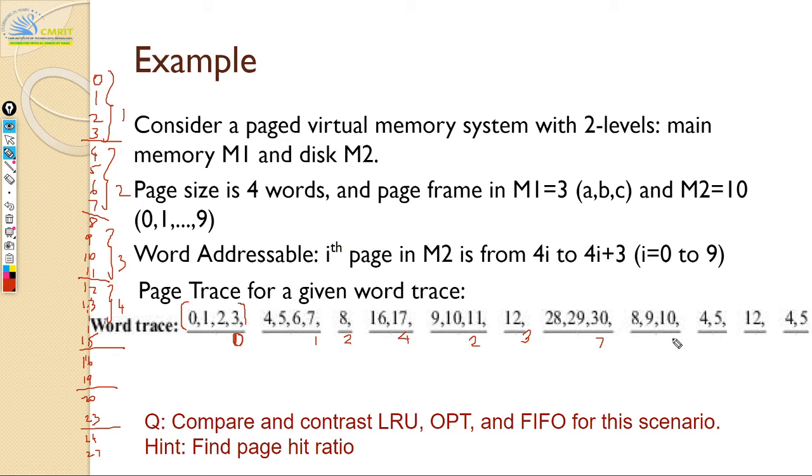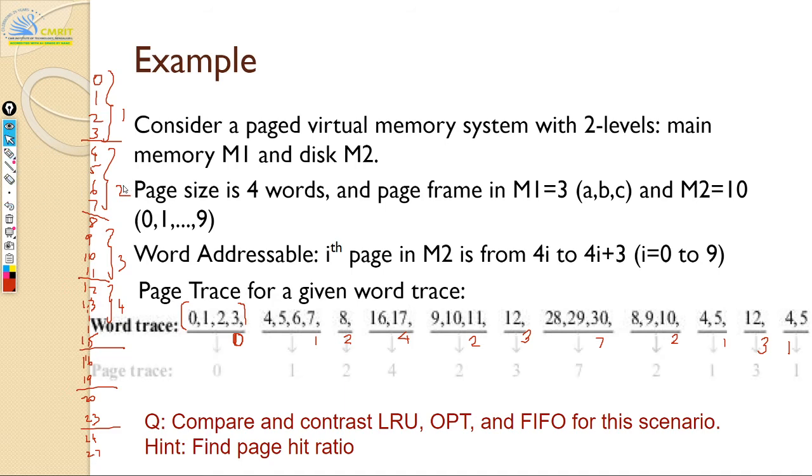And then 8, 9, 10, it's again 2, right? Good. And then 4, 5, 1. Nice. 12, 3. Very nice. And the last one, 4, 5, 1. Beautiful. Thanks, Ujjwal.